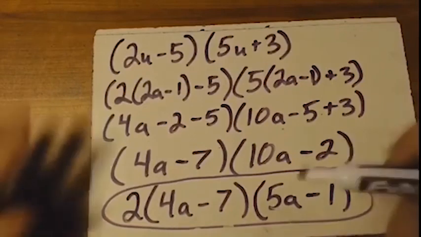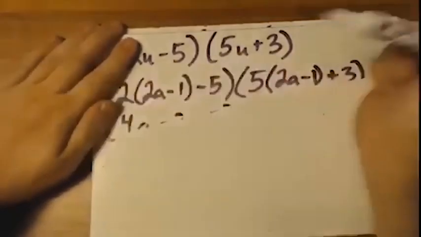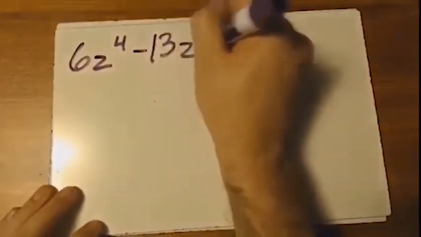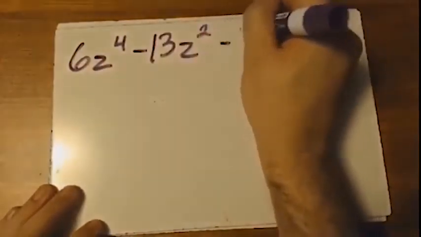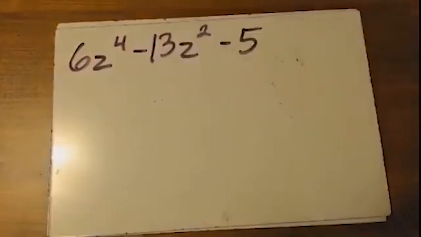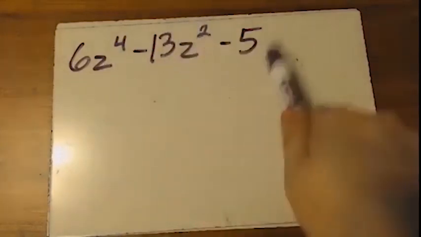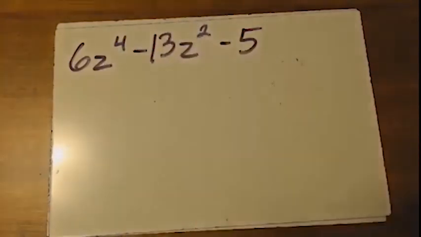So let's use this u substitution again. We have 6z to the 4th minus 13z squared minus 5. Here the substitution might not be obvious right away, but our problem is we have a 4th power, a square, and a constant. We haven't factored anything like that yet.